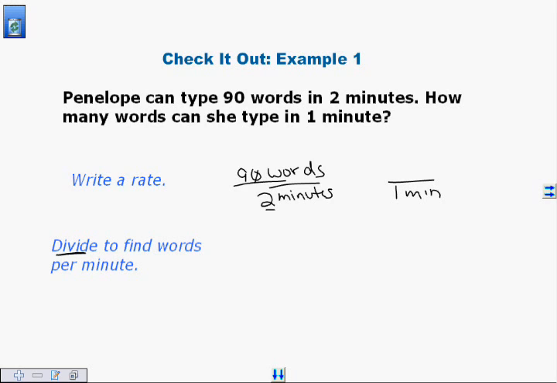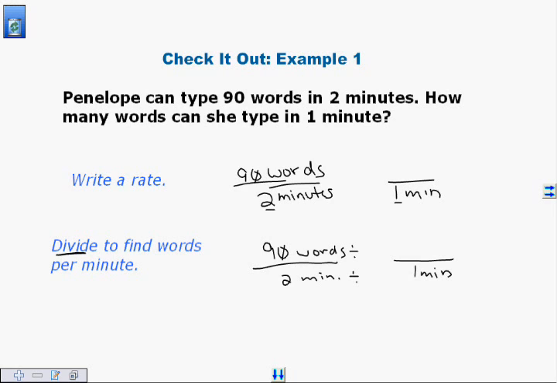Since we're going from 2 to 1, we're getting smaller. And the way you find equivalent ratios is to multiply or divide. So we have 90 words, 2 minutes, and now we've got to get to 1 minute, so we need to divide the numerator and the denominator.